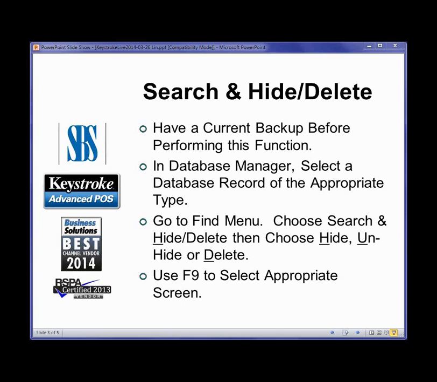It's important for you to remember that you want to use F9. A lot of our databases have multiple screens, so if the field that you want to use for your search criteria is on a different screen, you're going to use F9. I'm going to show you all these in just a second.